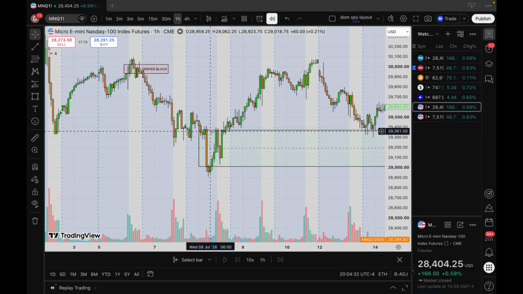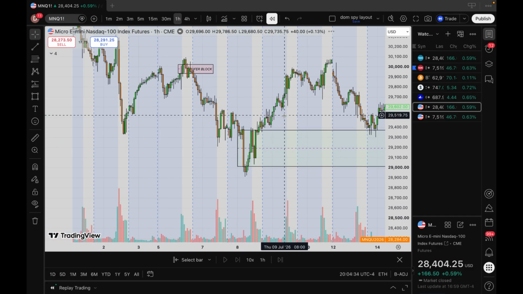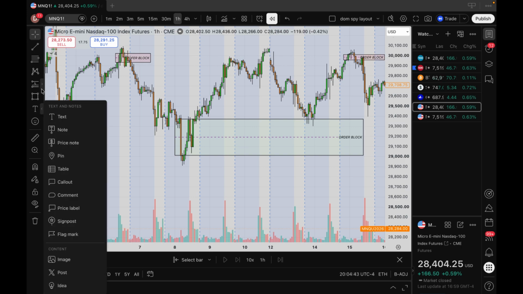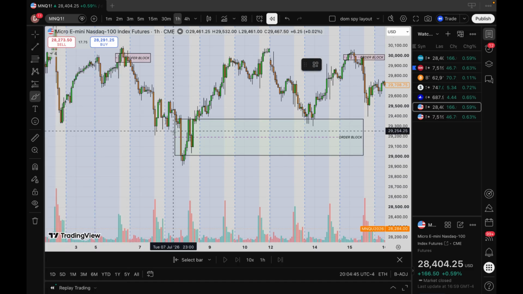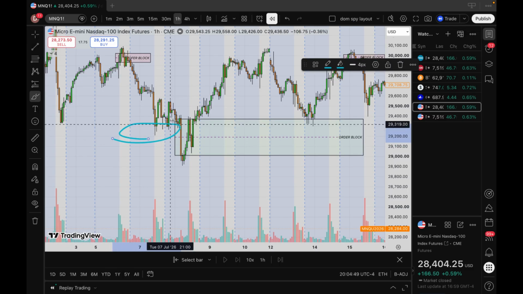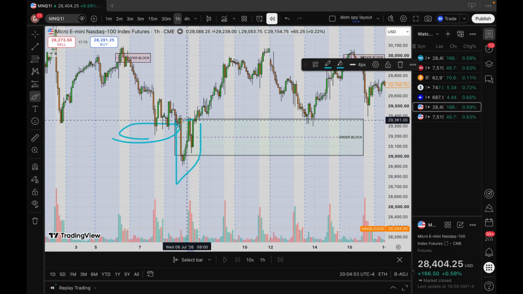So body, square, right? You have a sweep of liquidity. Let's point out the sweep here. So sweep of liquidity, you have a V-shaped recovery, and you have a candle closure above.